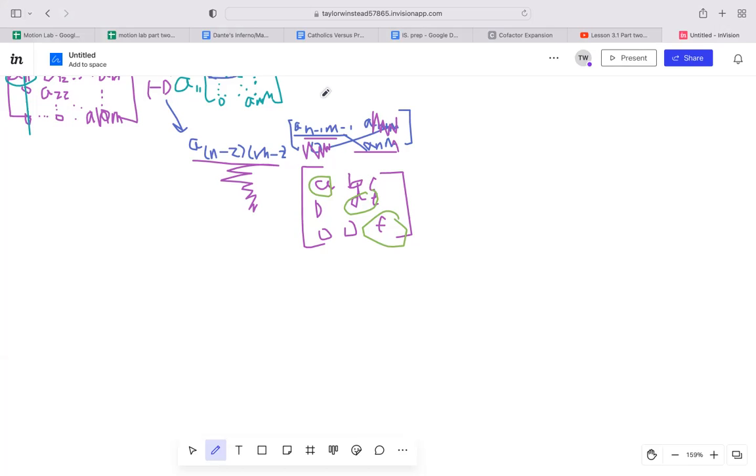So if any of these are 0, then the determinant is going to be 0. So if you've got a square matrix, you can know that it's not invertible if any entry along the diagonal is 0. Of course, you have to put it into that upper or lower triangular form first.